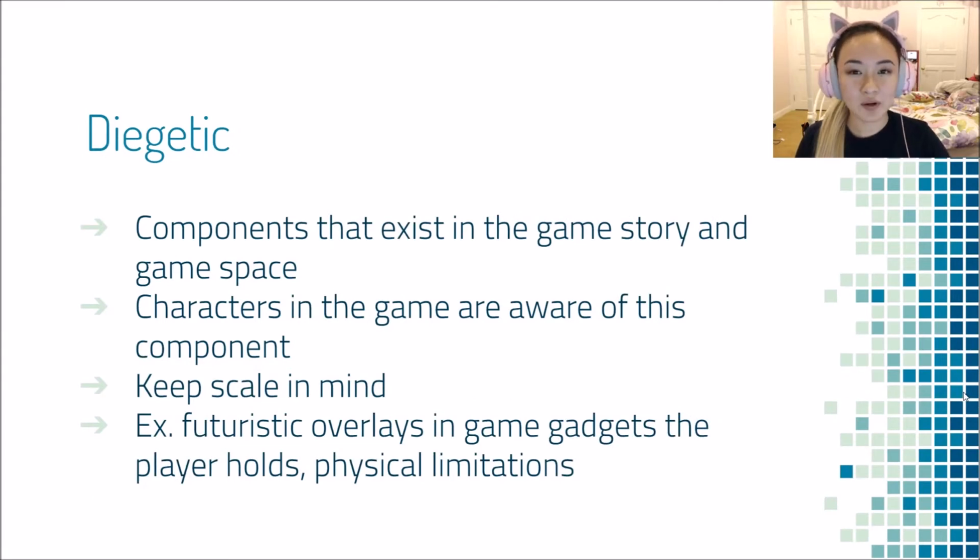Diegetic components are components that exist in the game story and in the game space. Characters in-game are aware of this component. As well, you must keep in mind scale. You have to make it visible to players and readable without completely interfering with the game. Some examples of these components include futuristic overlays in games like, for instance, Warframe, or gadgets the player holds up, or physical limitations that happen to the player during the game, like for instance in Dead by Daylight where you crawl after taking damage.